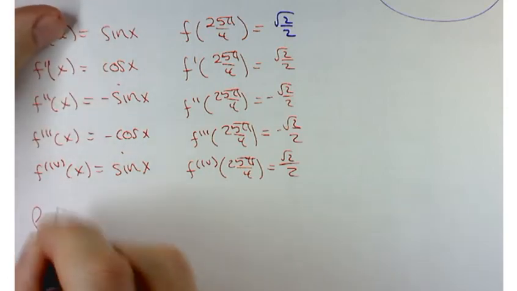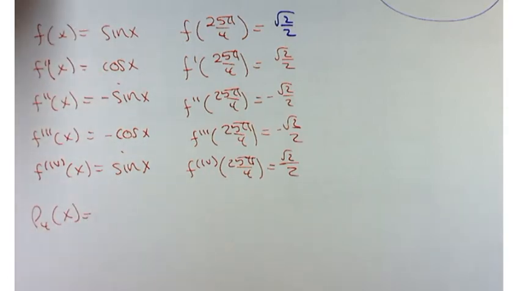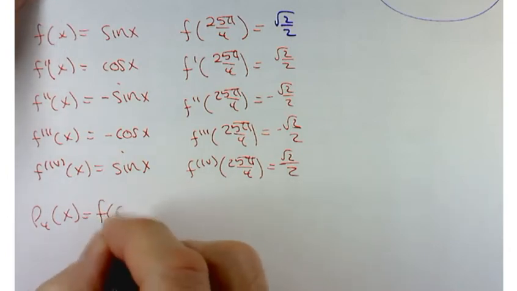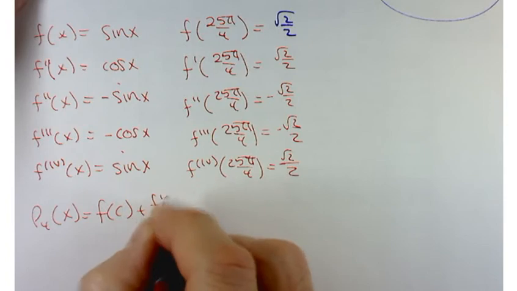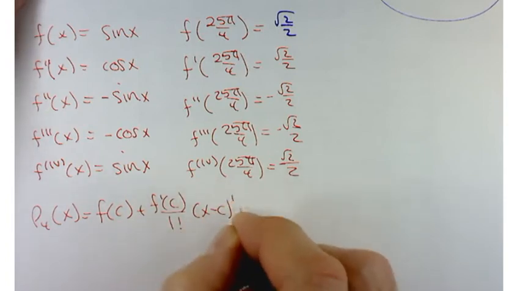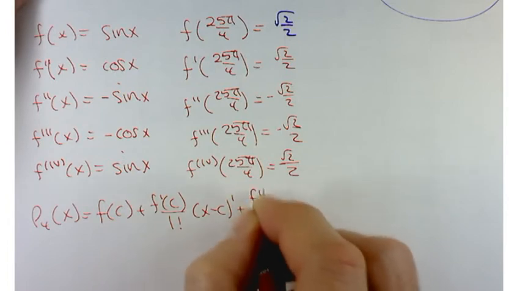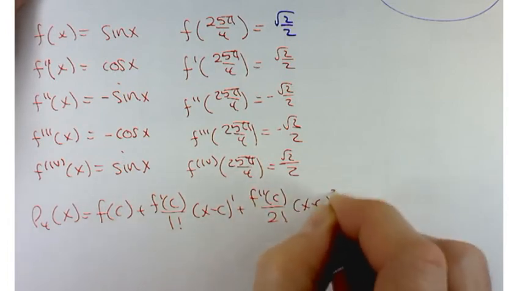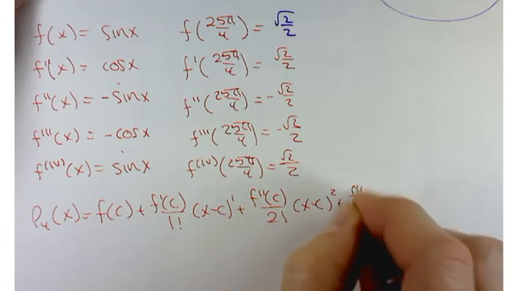So P sub 4 of x is going to be f of c plus f prime of c over 1 factorial times x minus c to the first plus f double prime of c over 2 factorial times x minus c squared, and so on.